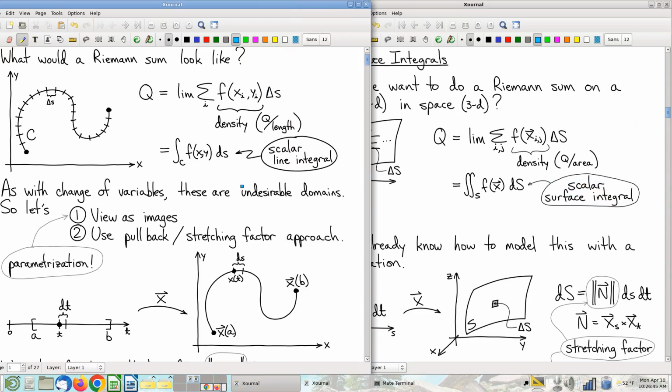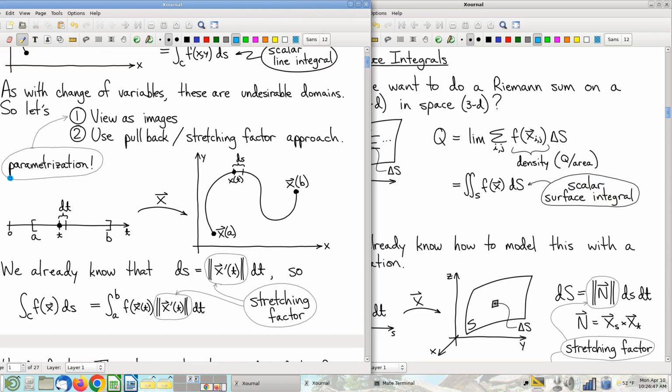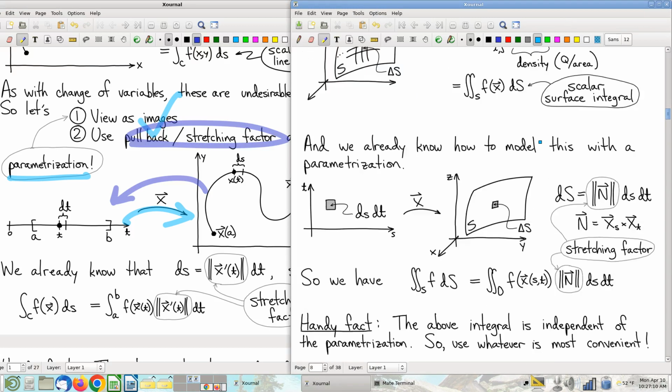Okay, so what did we do with line integrals? We observed that parametrizations are a way to view my dimensionally awkward curve domain as an image. And when you have an image, you can play pullback and stretching factor games and calculations and details. Same game here.